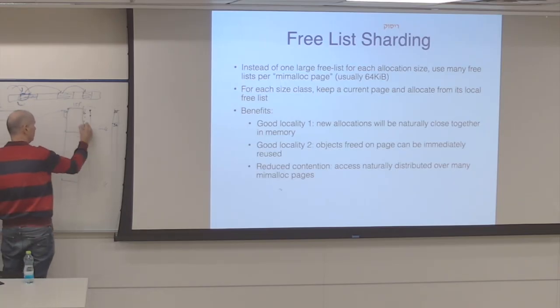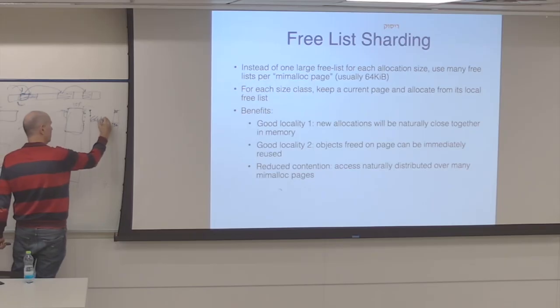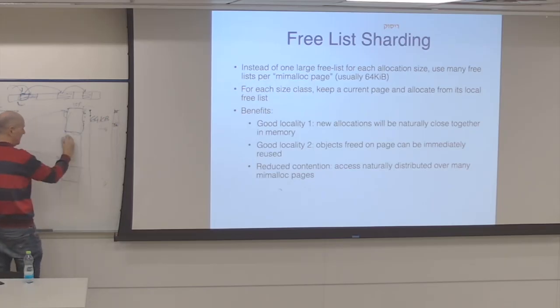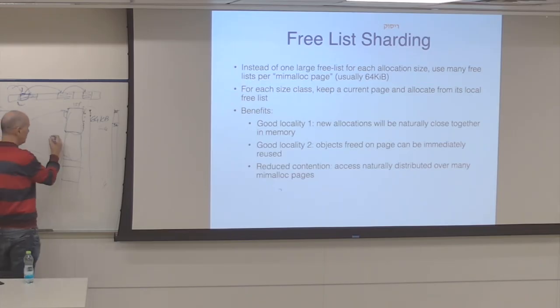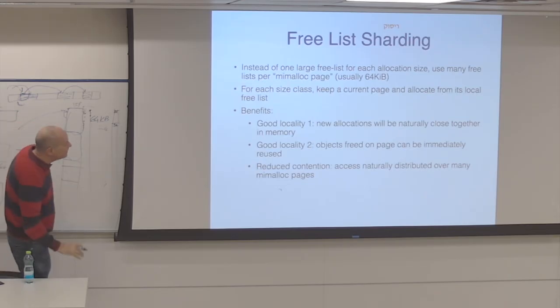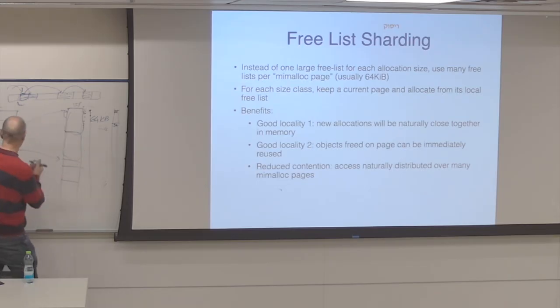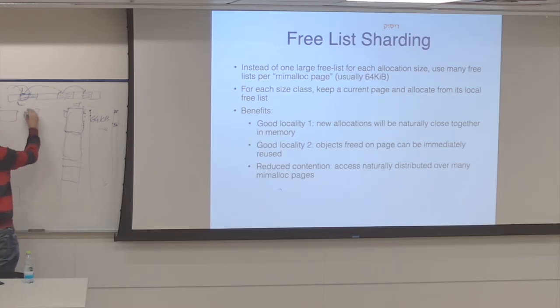So we have these 64 kilobytes, and now a free list is separated for each of these blocks. For each size, I will have a separate list.